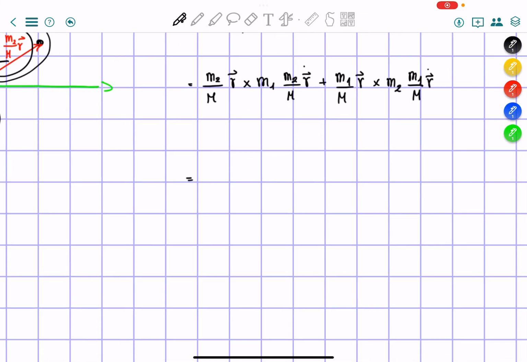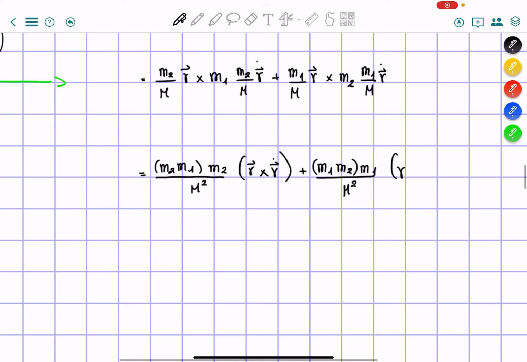So let's solve this thing. First of all, we can take all the things in front, and I'm going to start with M2 times M1, and then there's another M1 and another M2. I'm going to write it like this: over M squared times r vector cross product with r dot vector, plus M1 times M2, then outside the parentheses M1 again, over capital M squared, and then the same thing that we got before, r vector cross product with r dot vector.